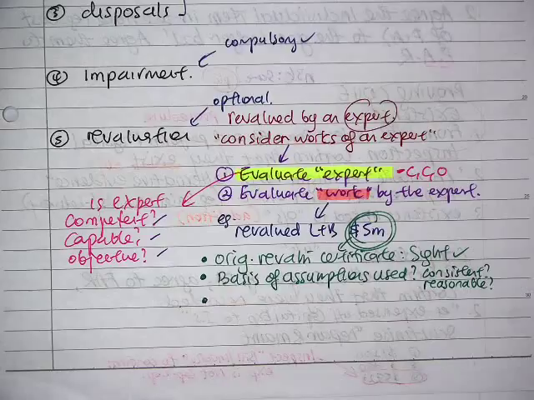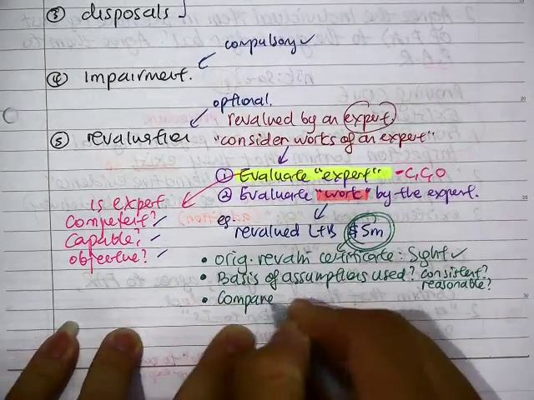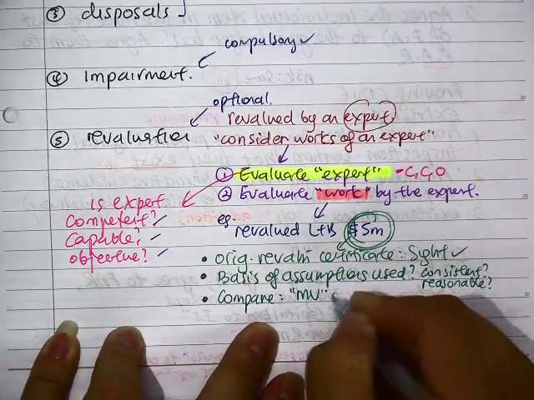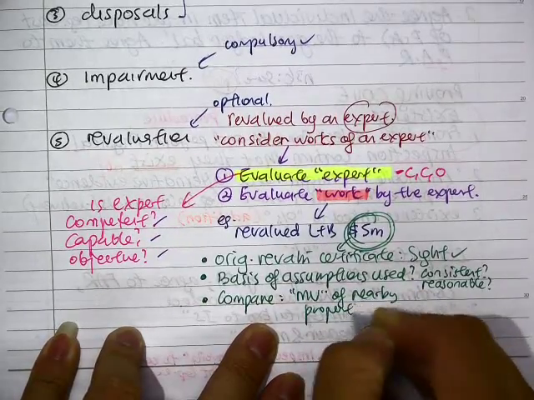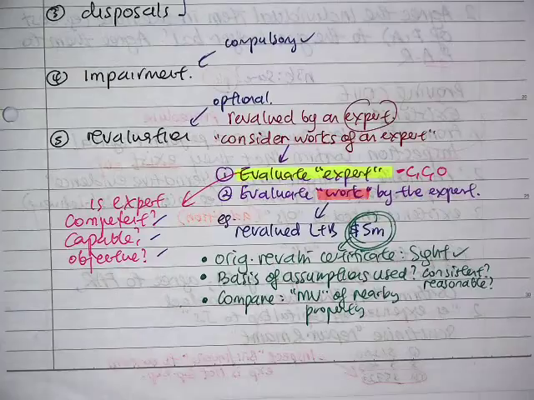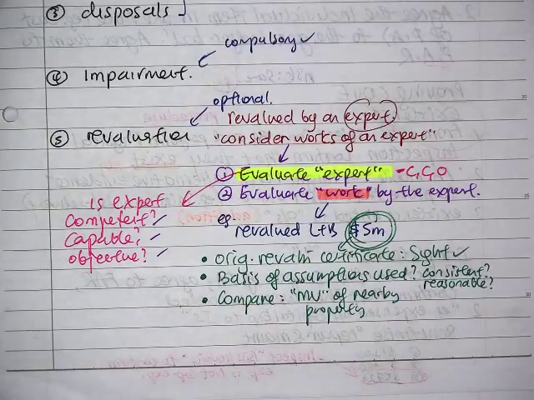Usually one way for us to know whether an amount is reasonable or not is to make a comparison. We can compare, for example, with the market value of nearby property. Per square foot, let's say they value it at $800. You look for nearby property: do they fetch $800, or much higher or much lower?